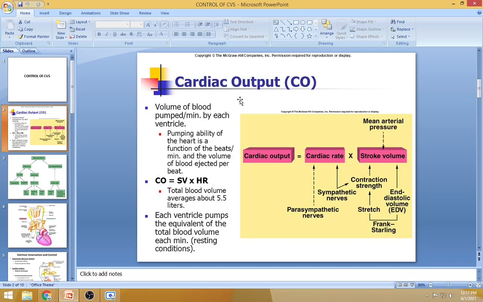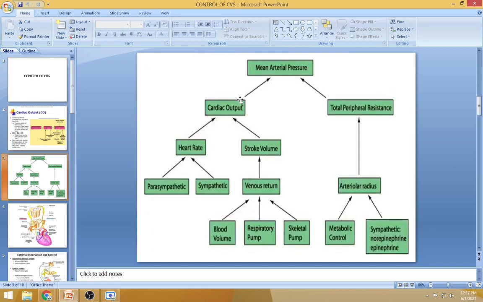Okay, then another parameter that is important to discuss, and that stimulates the discussion of today's topic, the control of the cardiovascular system, is the control of mean arterial pressure.